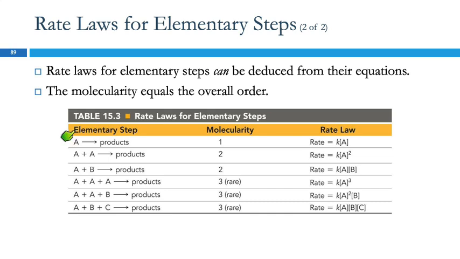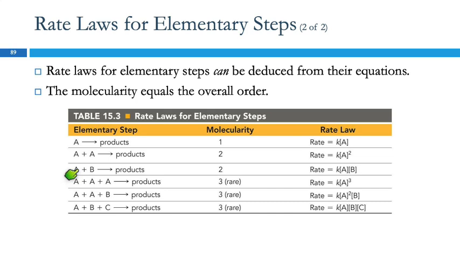So here we have one reactant, and so this is going to be a first order reaction. This step will be first order. Here we have two molecules of A that need to collide with each other. The molecularity is 2, and so the rate will be rate constant times A squared because it involves two of those.